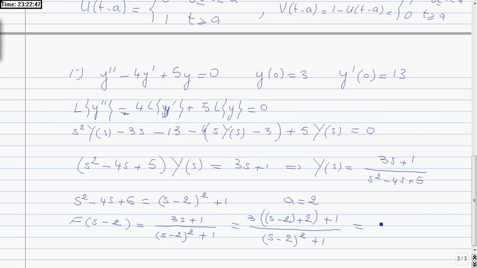Now this is 3 times s minus 2, then we have plus 6 plus 1, so plus 7, over s minus 2 squared plus 1. Now this is a function of s minus 2, means to find a function of s, we just have to replace s minus 2 with s.